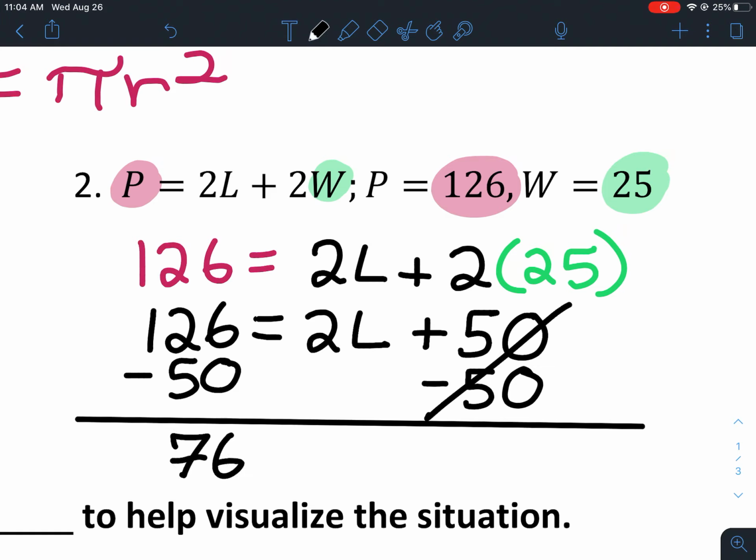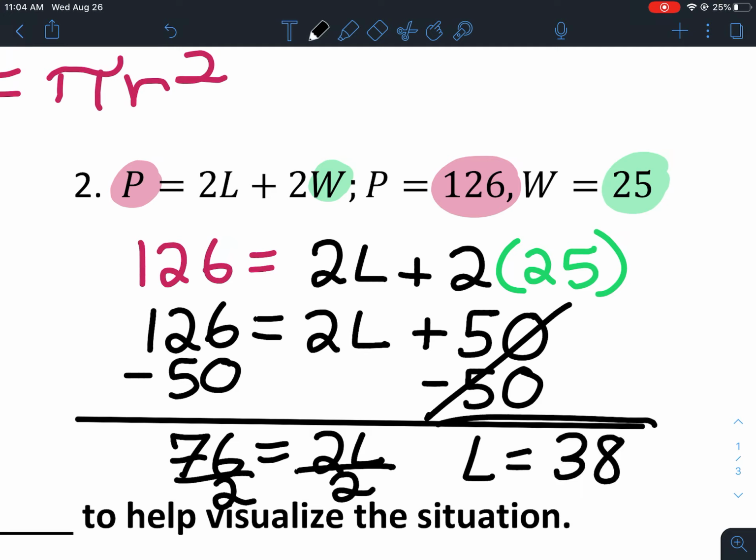Then I get 76 equals 2L, and I divide by 2. 76 divided by 2 is 38. So I know my length is 38. I don't know what type of units, if it's inches, feet, centimeters, because it's not given in the problem. So I just leave it as 38.